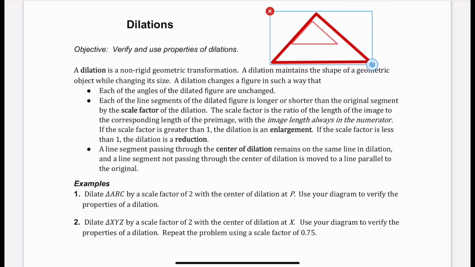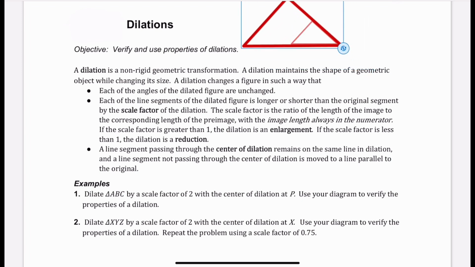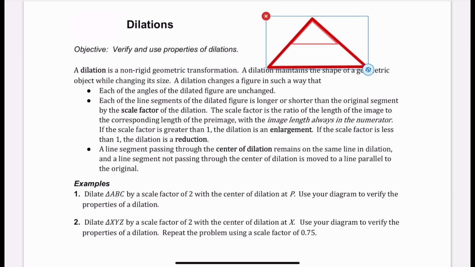I can line it up where all of the angles are exactly the same, but the sides have been increased by a scale factor. So I can take this and I could measure the sides and it would make a proportion. Now since it got bigger, the scale factor is going to be a number greater than 1.